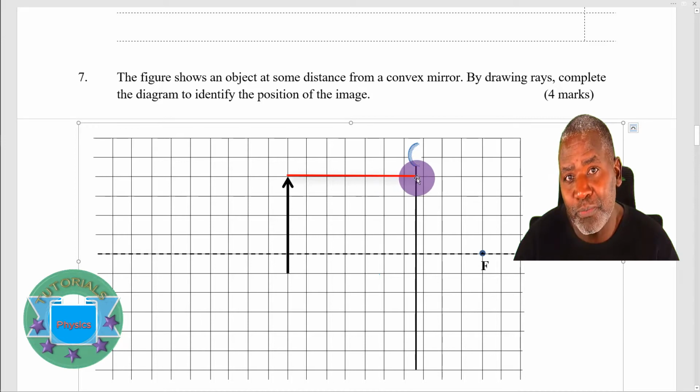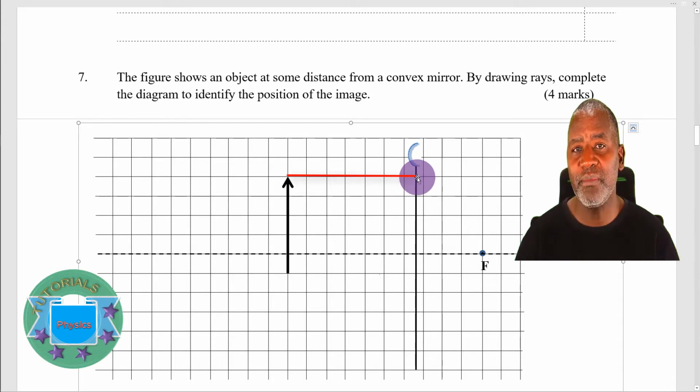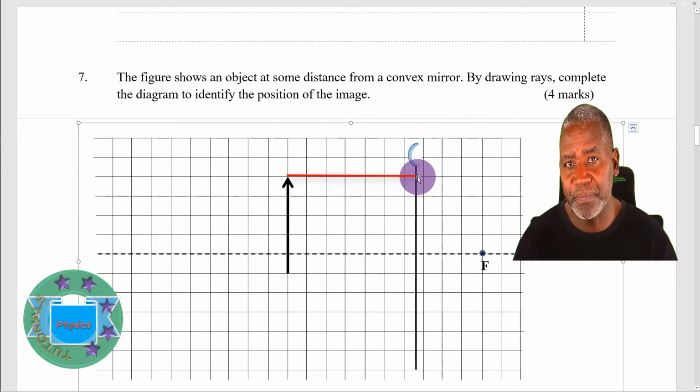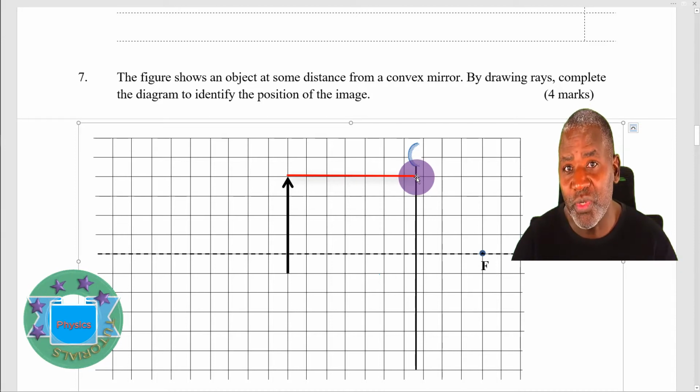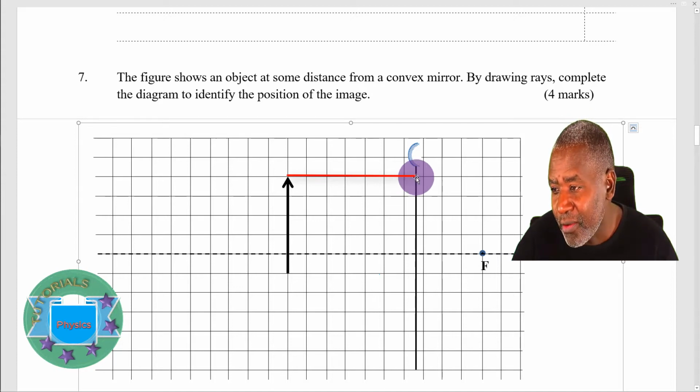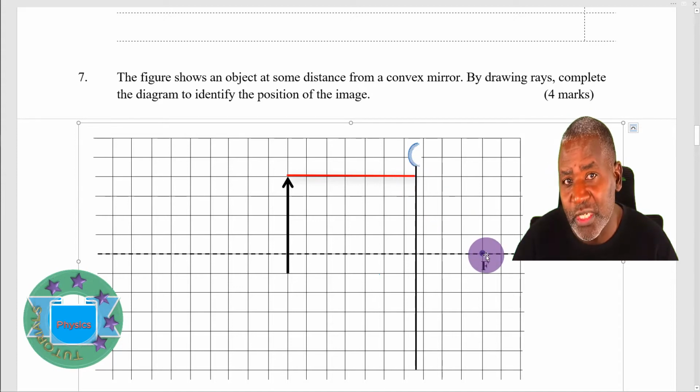We identify this point. We know that this incident ray is going to undergo reflection because mirrors form images by reflection. So in which direction will the reflected ray travel? That is where this point and this point come in.